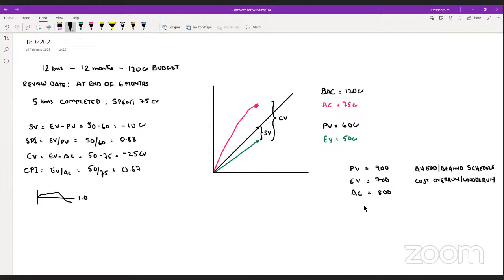Now, behind schedule and cost overrun, good. And let's say you have EV as 900, PV as 800, and cost as 700. Now, ahead of schedule and cost underrun. The same question, if they ask you with respect to SPI and CPI also, the result is going to be the same.